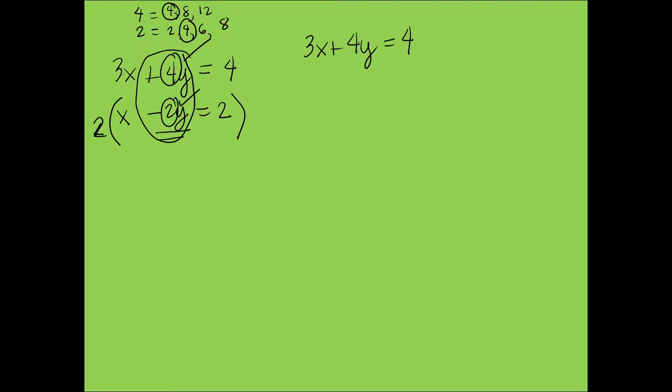Let me distribute, look what happens here. It becomes 2x, negative 4y, and this becomes positive 4. We now have opposites. Look at our equation now: positive 4y, negative 4y. Is this clear, section Ruby?